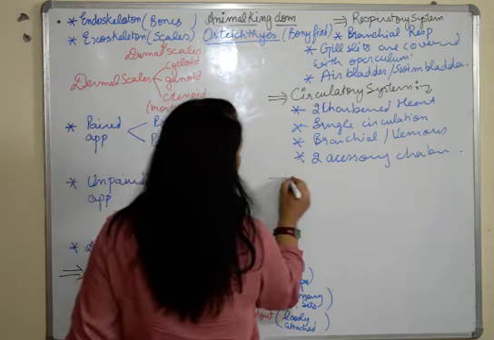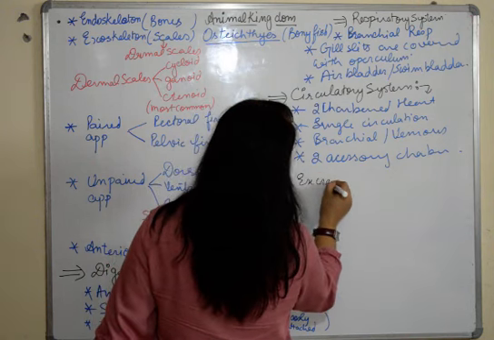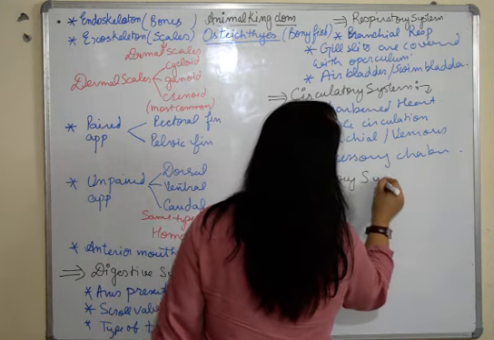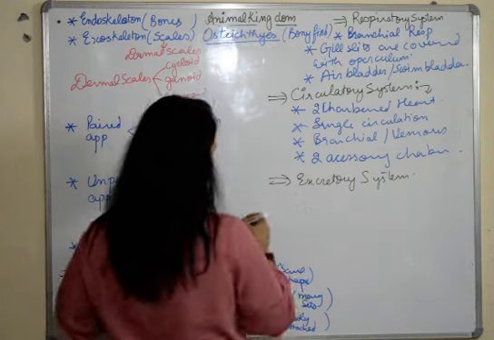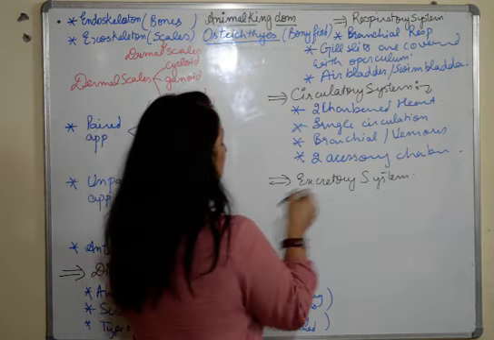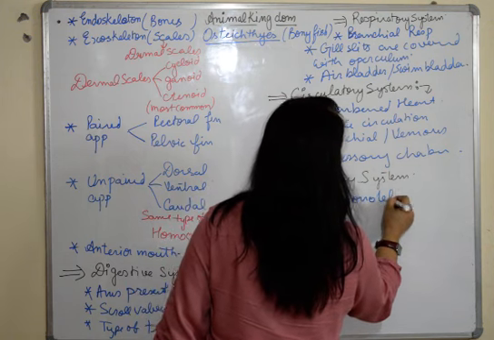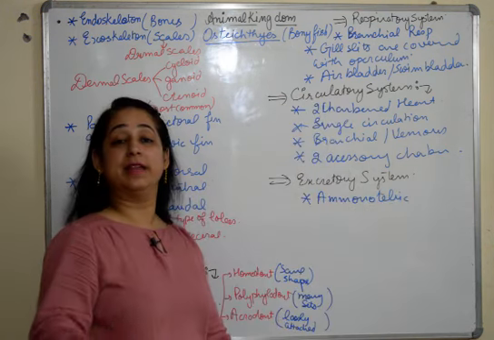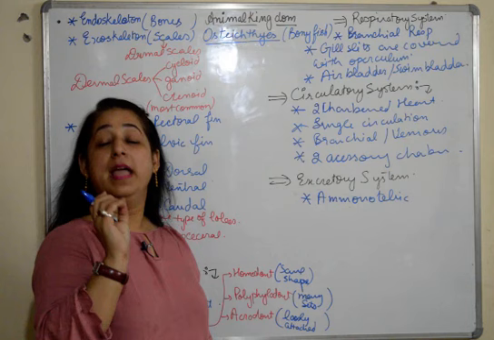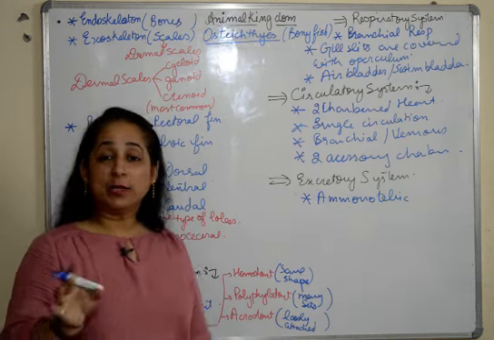Next is the excretory system. In the excretory system, they are ammonotelic. They excrete ammonia, which is a very toxic excretory waste. Why could they excrete ammonia?